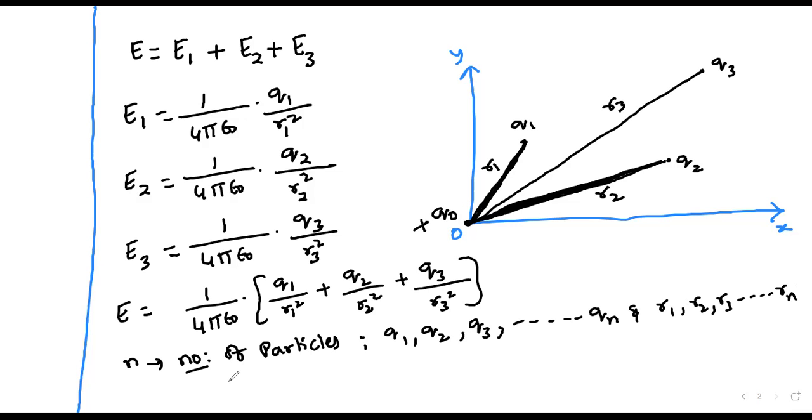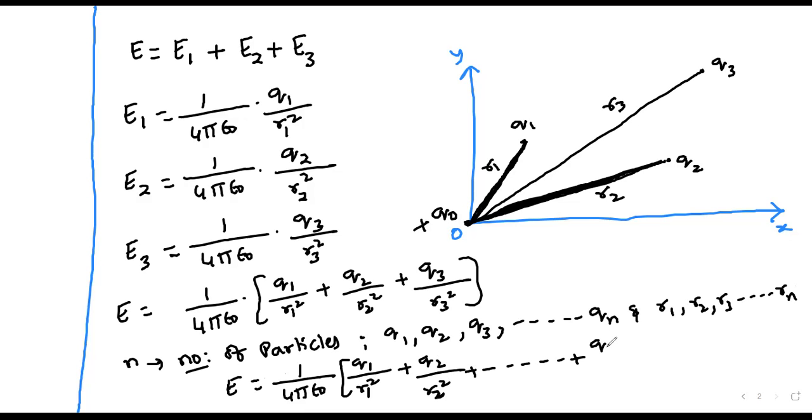Then the total electric field I can write as 1 by 4 pi epsilon naught times Q1 by R1 square plus Q2 by R2 square and so on to Qn by Rn square. Is it fine?